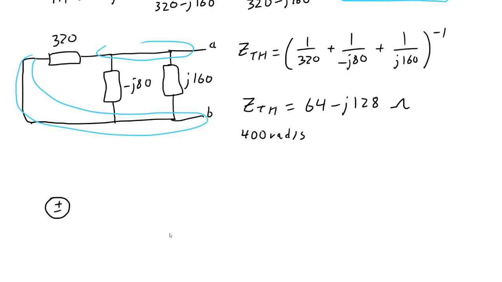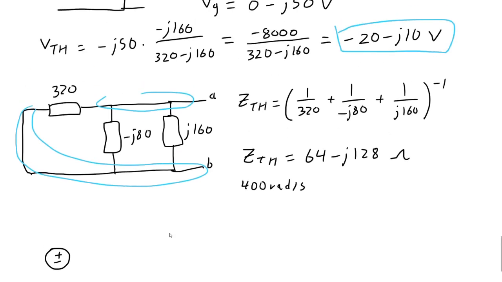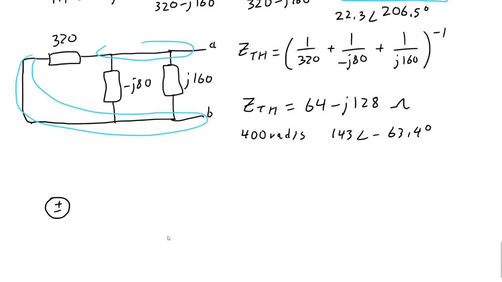I'm going to convert Z-Thevenin and V-Thevenin into their phasor representations. So the magnitude of minus 20 plus minus j10 is going to end up being 22.3 at a phase angle of 206.5 degrees. And this impedance, resistance and reactance together, is 143 for the magnitude, and the phase angle is minus 163.